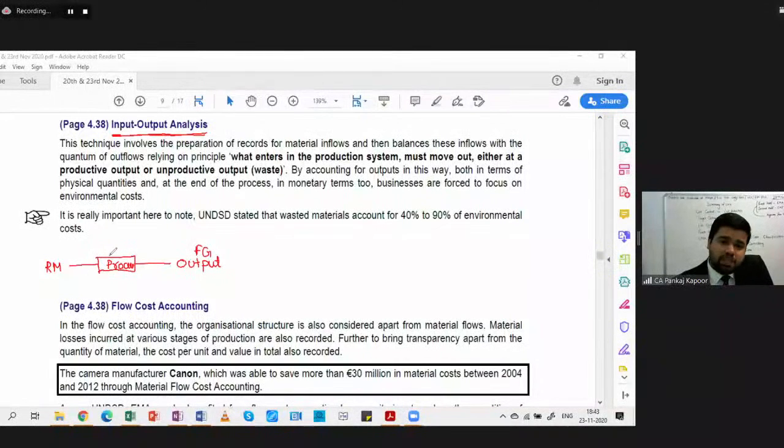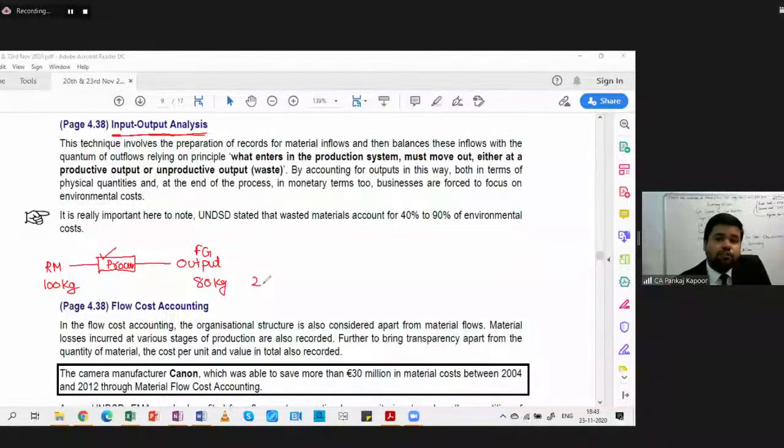Let's take an example. Some company is using wood to make some antique pieces, or some toy or some wooden stick or something. So 100 kg of wood is inserted, and the output generated, if we measure in kilograms, is only 80.